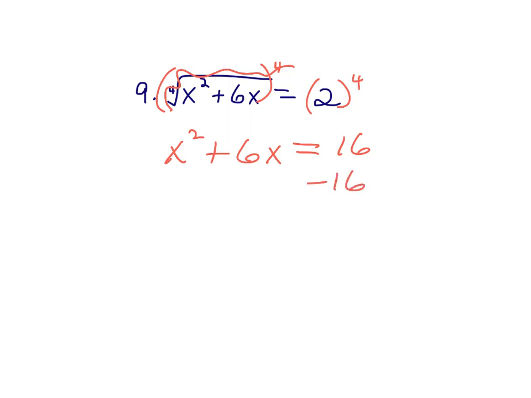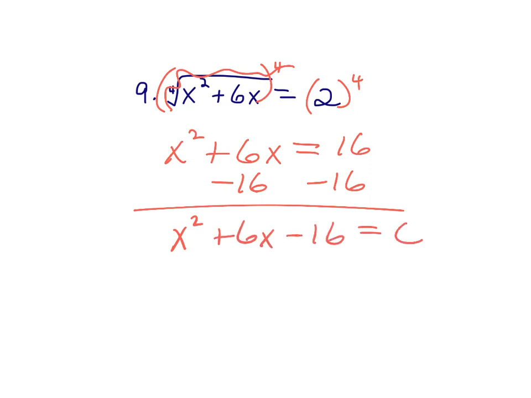Move the 16. x squared plus 6x minus 16 equals 0. I need to find the factors of negative 16 that, when I add them, I get 6. And that's going to be x plus 8 and x minus 2.